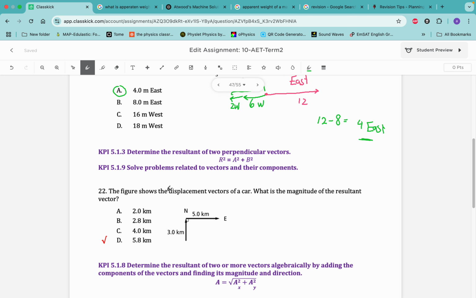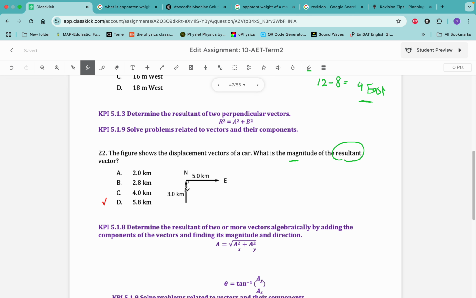Here we have two vectors, but not in one dimension, in two different dimensions, x and y. And we need to find the magnitude of the resultant vector. The resultant will be connecting from tail to head. So this will be the resultant. And as we can notice here, the shape represents a right angle triangle.